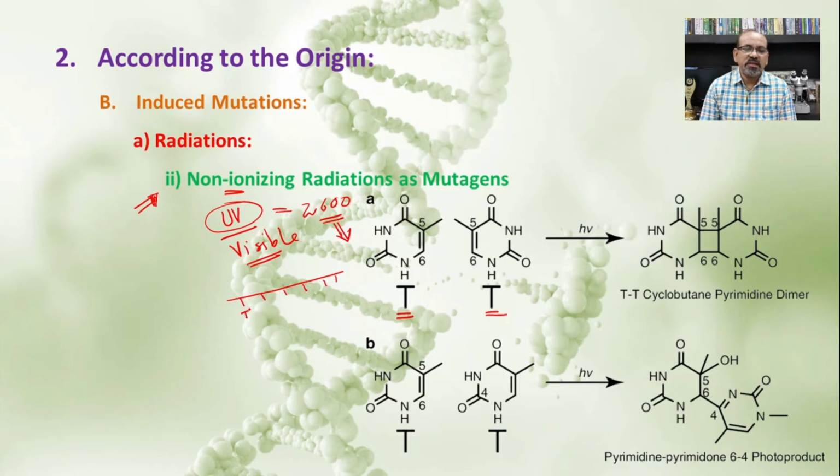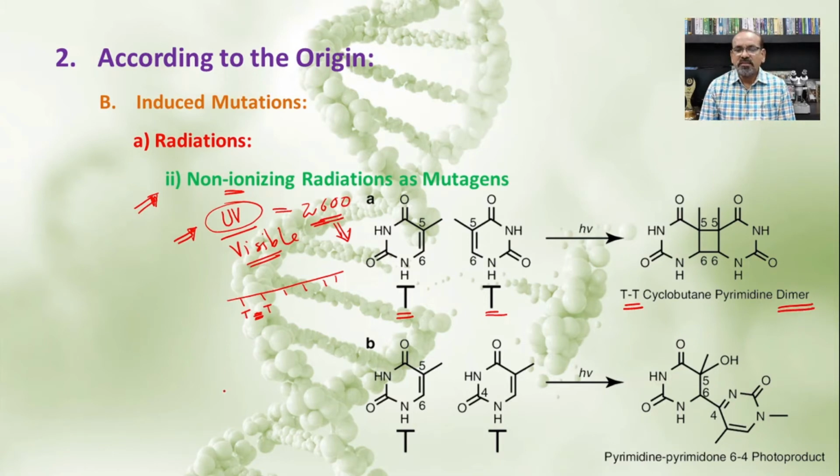If here there is a T and here there is a T, that is thymine, adjacent thymine molecules irradiated with ultraviolet light having a wavelength of about 2600 angstrom form bonds between the adjacent thymines, and because of the formation of such bonds there is a formation of thymine dimers.